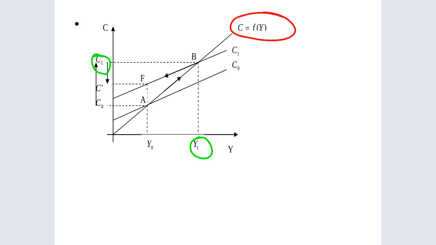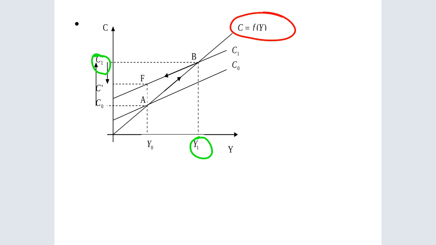Now the level of income falls from Y1 to Y0. What will happen to the level of consumption? Remember, we have the short-term consumption functions, C0 and C1.